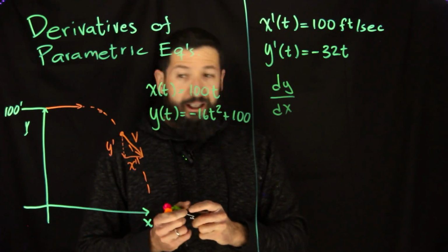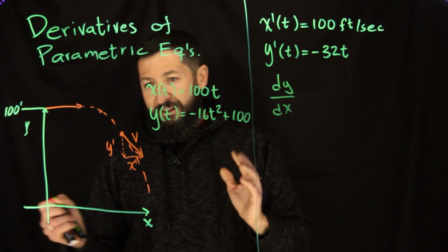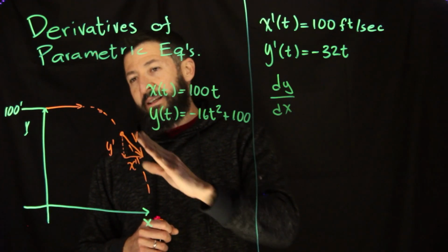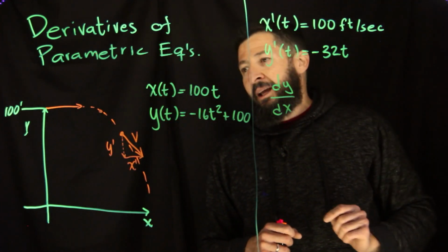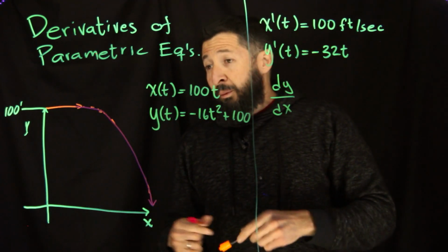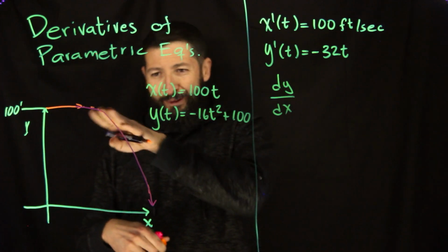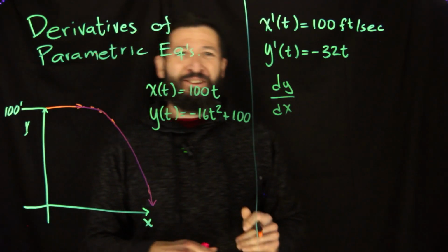But if, on the other hand, I wanted the slope of the tangent line to this curve that is drawn, that would be dy dx. So let me erase, and I want to draw the tangent line. So now I'm going to look at this curve, not very parabola, but let's say it's a parabola. Very harsh turn right here, but it's okay.